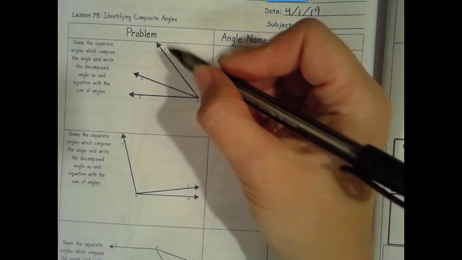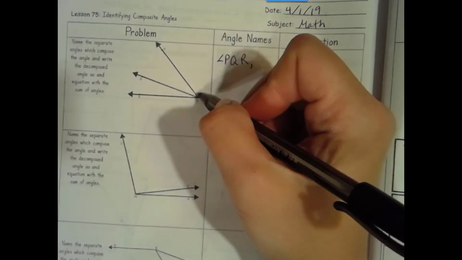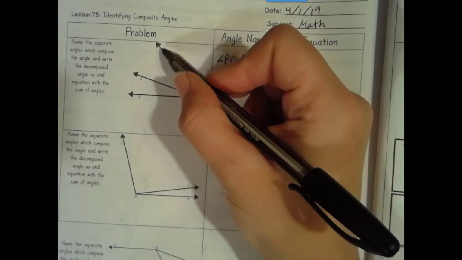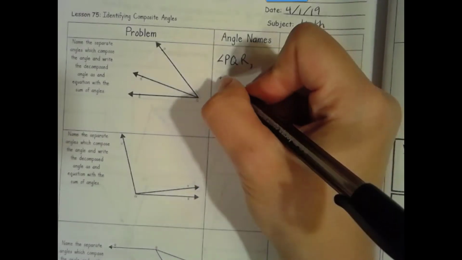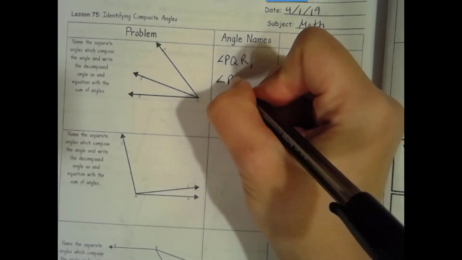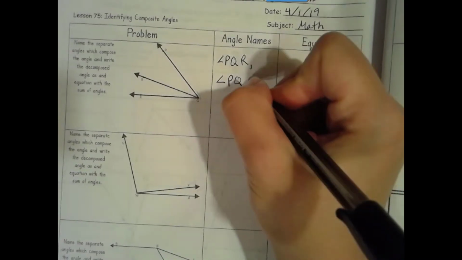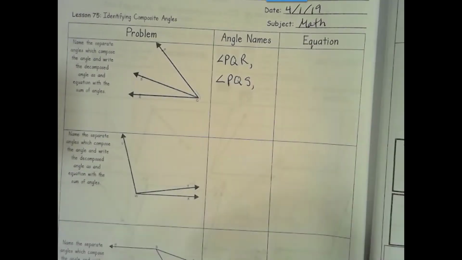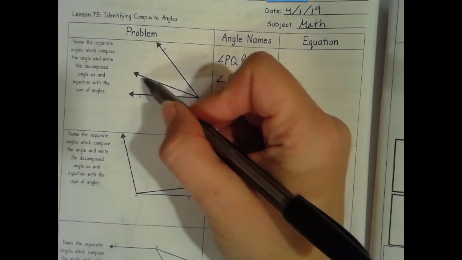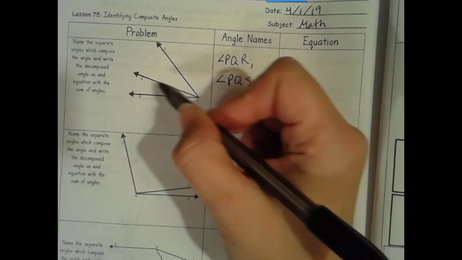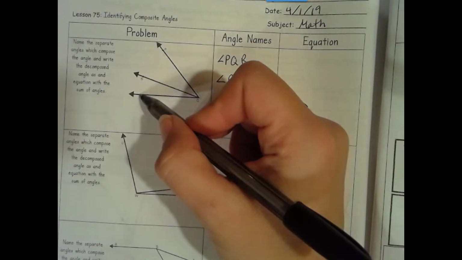Next, I'm going to name this smaller angle right here, PQS. Angle PQS. And then our last one here, this little angle here, SQR.